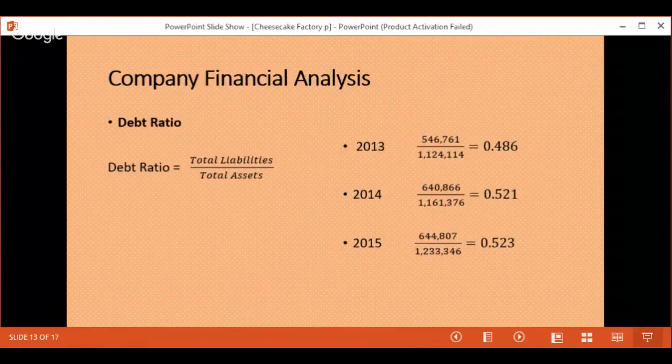It increased in 2014 to 0.521 and then slightly increased in 2015 to 0.523. The calculated debt ratio in all 3 years never went above 0.523. Therefore, we can safely assume that the Cheesecake Factory was 52% creditors and about 48% shareholders in 2015. Since all debt ratios are greater than 40%, the Cheesecake Factory was in a somewhat strong financial condition.